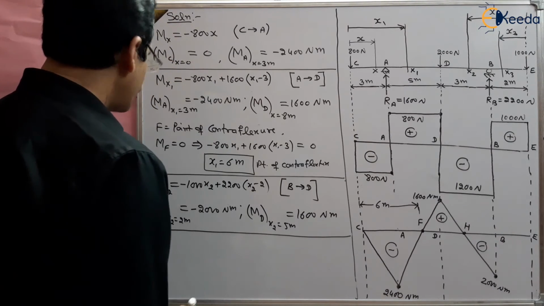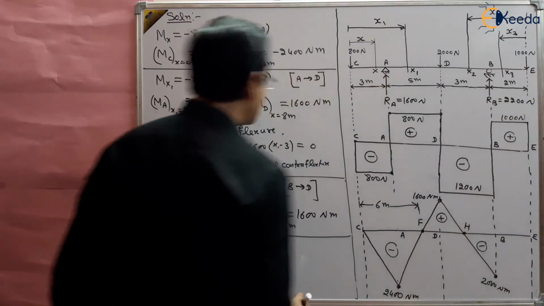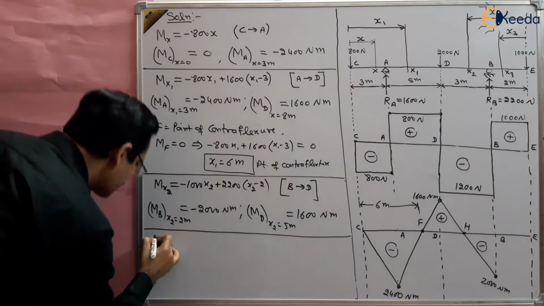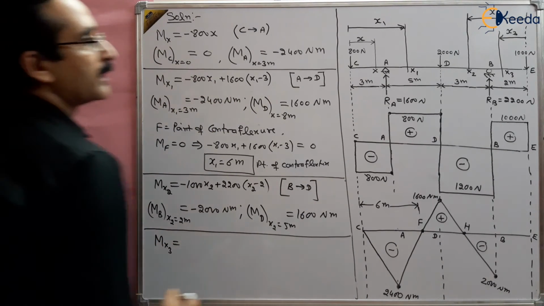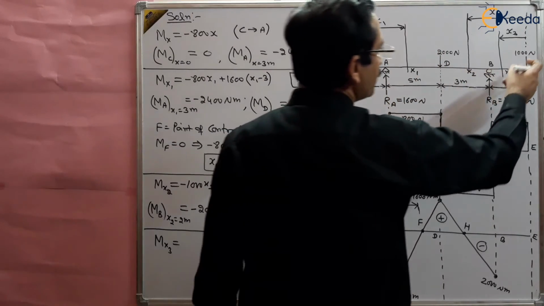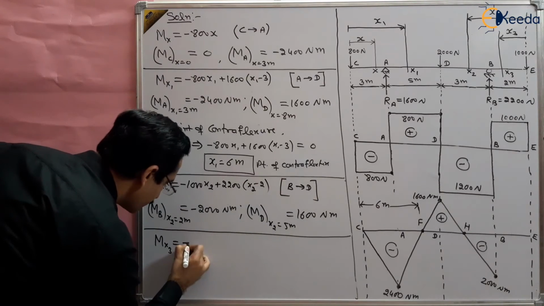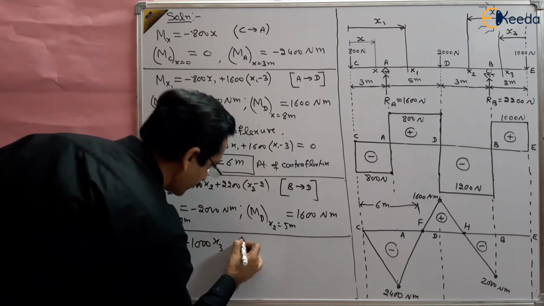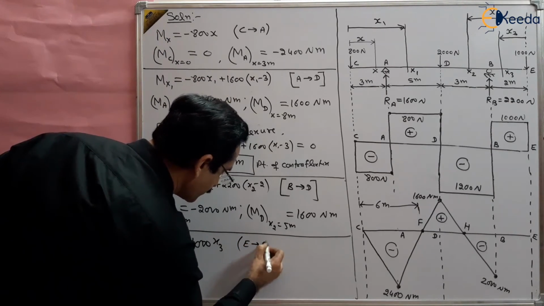Now we can find out the bending moment diagram between B and E. Take the section x3 at a distance x3 from the right edge. So Mx3 will be equal to, we have to take only one force, 1000. The moment of 1000 is negative, so this is minus 1000 x3, which is valid between E and B, right?